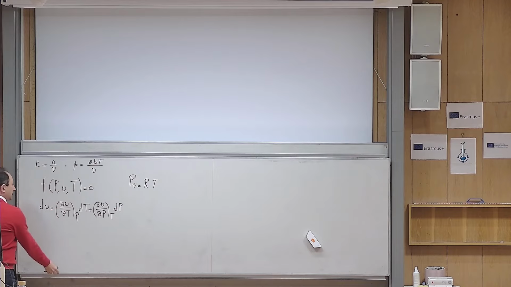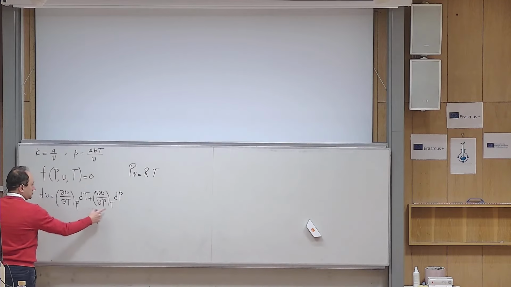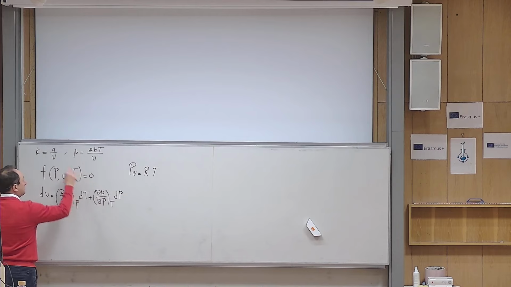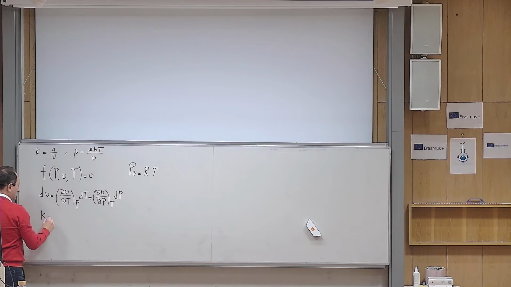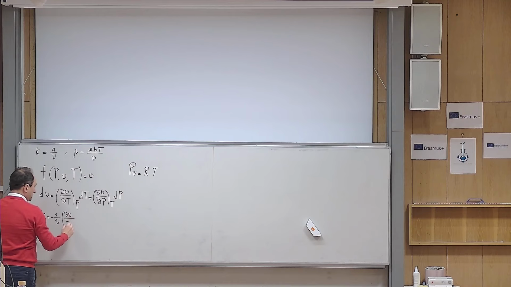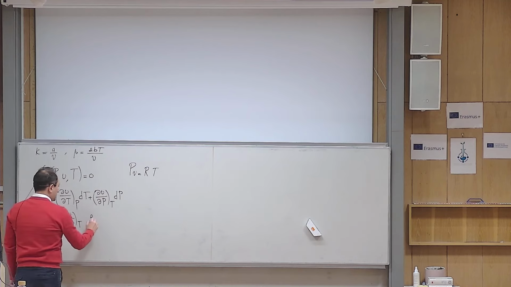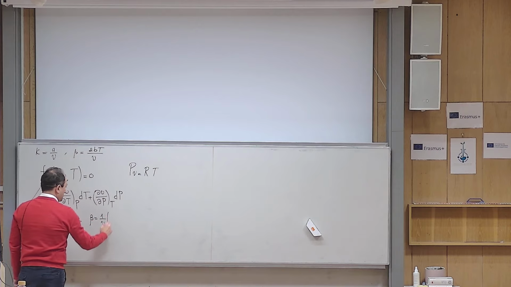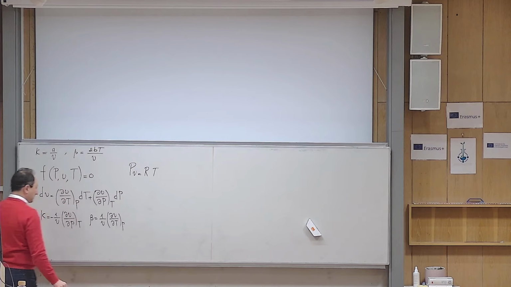Okay, and that was actually the motivation behind the definition of kappa and beta. Kappa is defined to be minus 1 over V times the partial derivative of V with respect to the pressure when temperature is kept constant, and beta is defined to be 1 over V times the partial derivative of V with respect to T when pressure is kept constant.